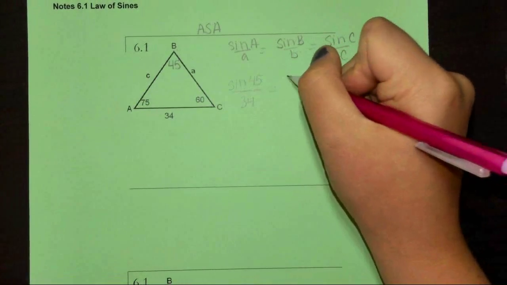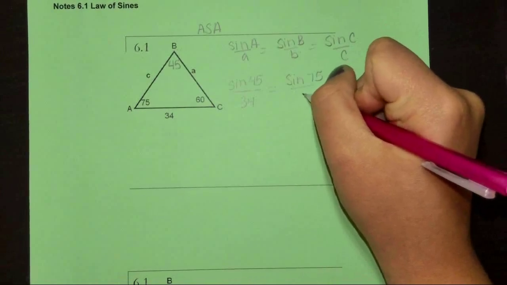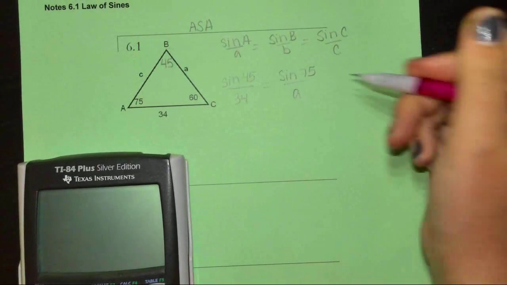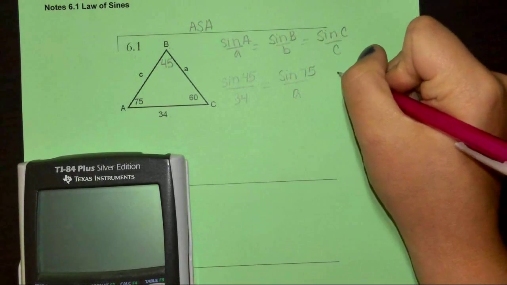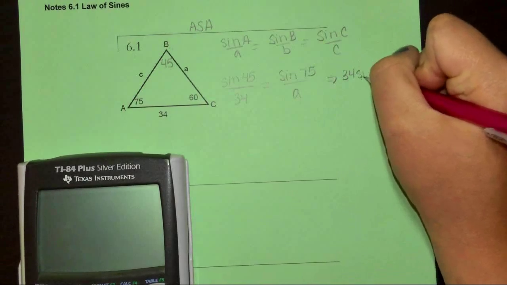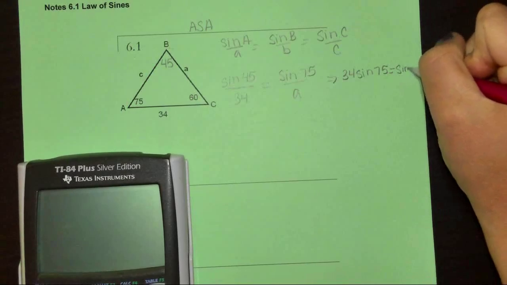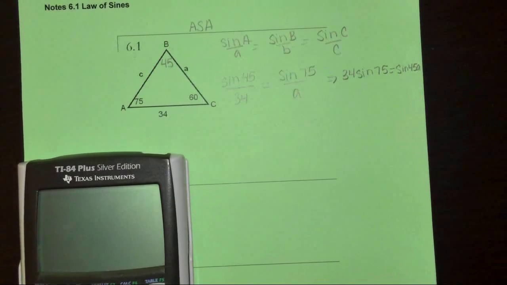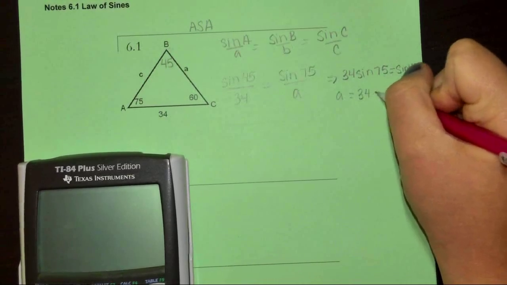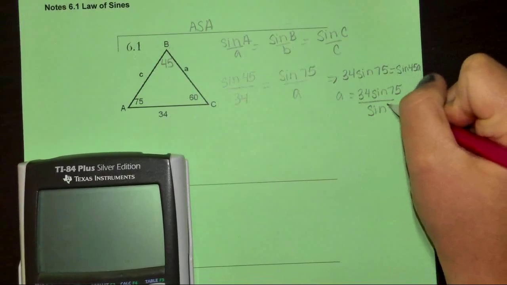So we're going to have the sine of 75 over A. So when we cross multiply here, you're going to have 34 sine of 75 equals sine 45 A. So to solve for A, you're going to have 34 sine 75 over the sine of 45.